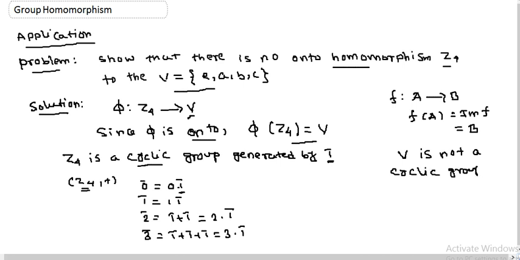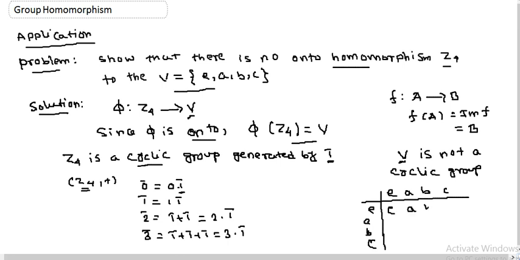So let me quickly remind you the composition table for the set V, or the group V, which is E, A, B, C. If you forget the results, I recommend you go to my previous video about cyclic groups. You will find that we have shown that V is not a cyclic group.